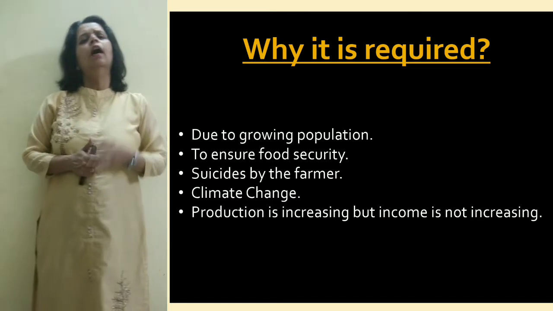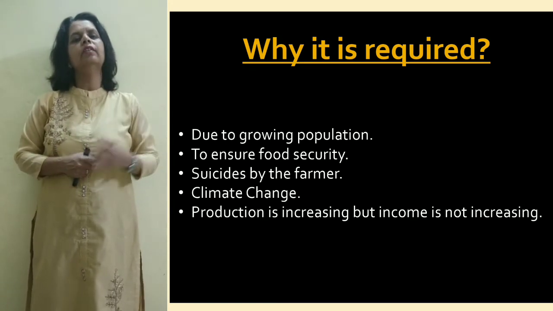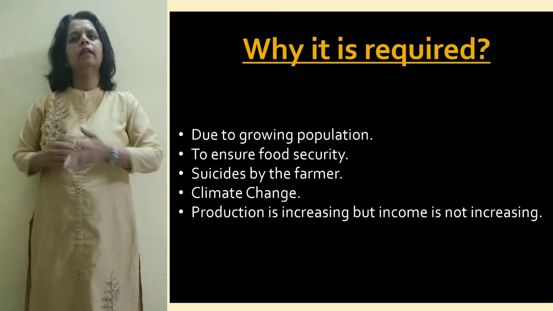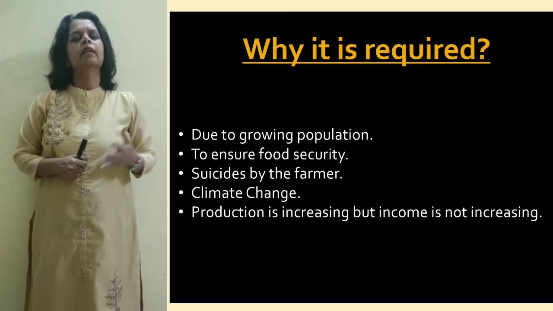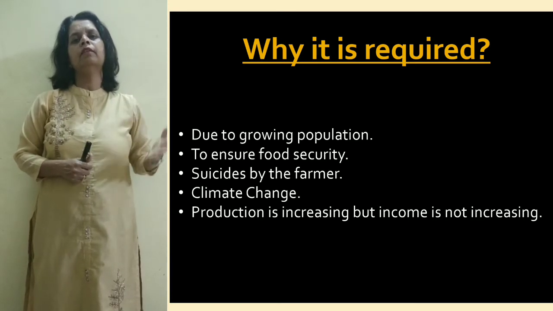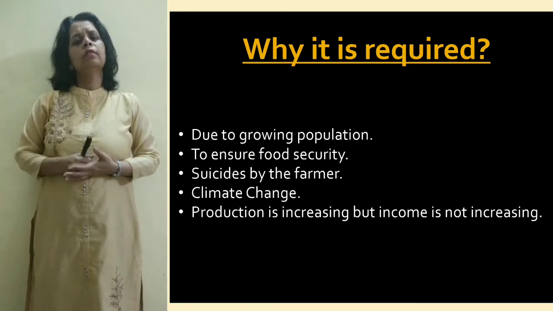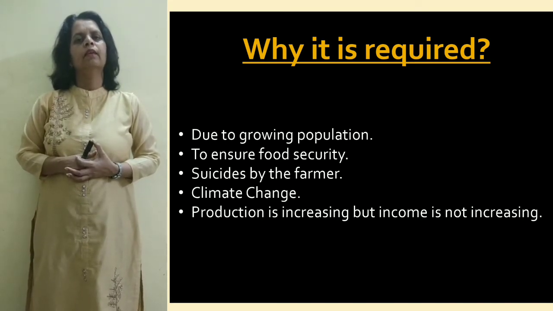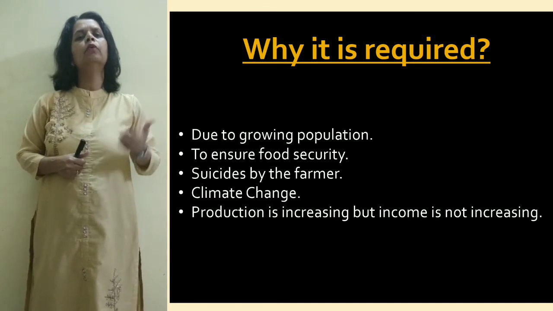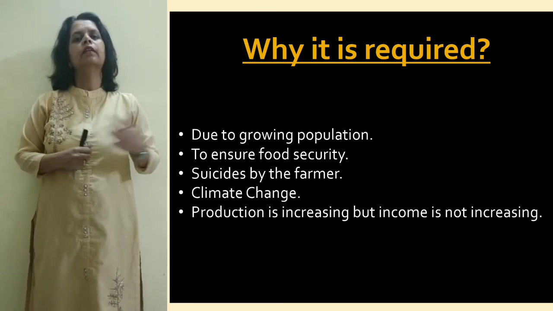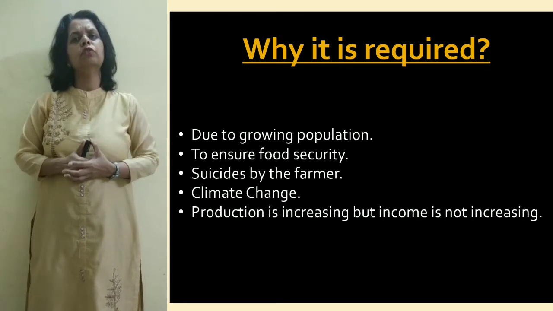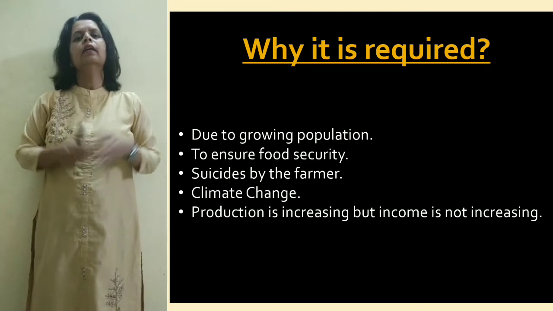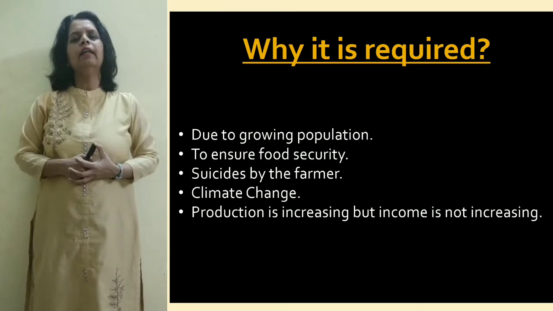Climatic changes are also taking place, and they directly impact the agriculture sector, hence there is a need to change the methods of production. Though production is taking place, hardly any income is being generated. To generate more income out of the agriculture sector, technological and institutional reforms should be undertaken. So this is why there is a need for these reforms.